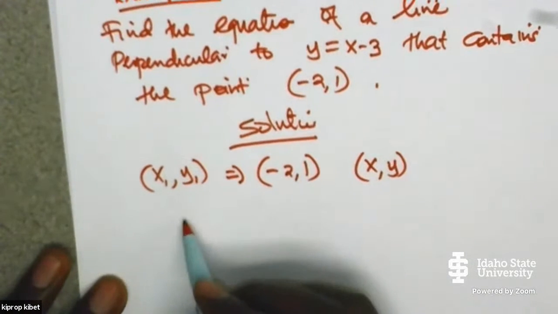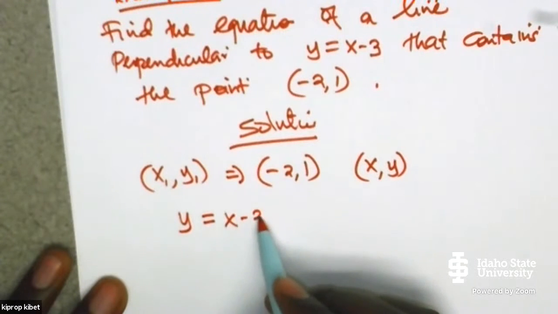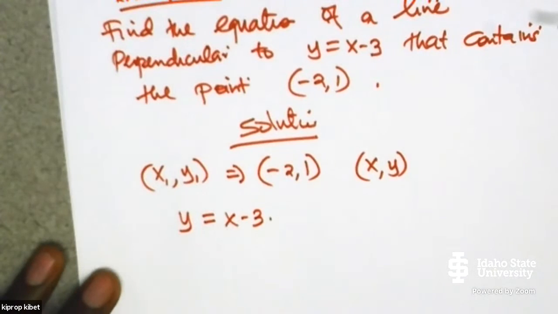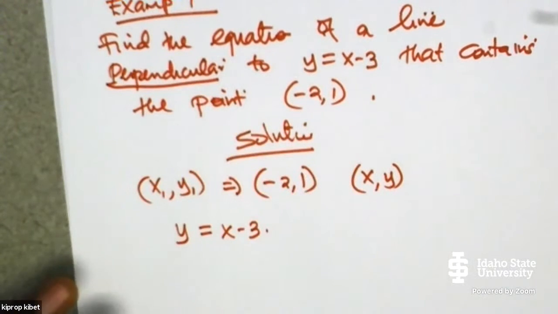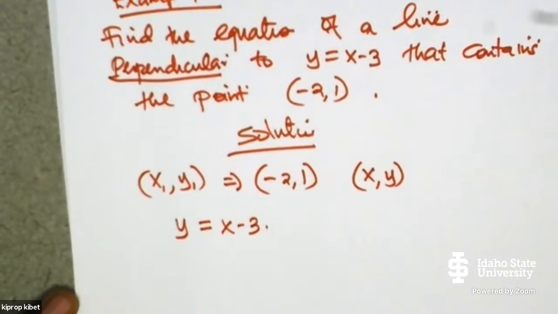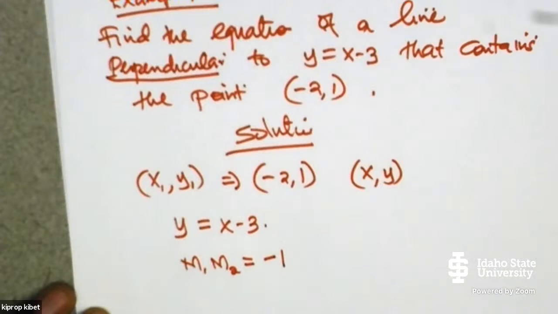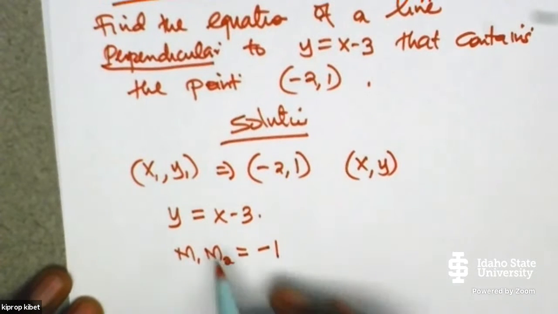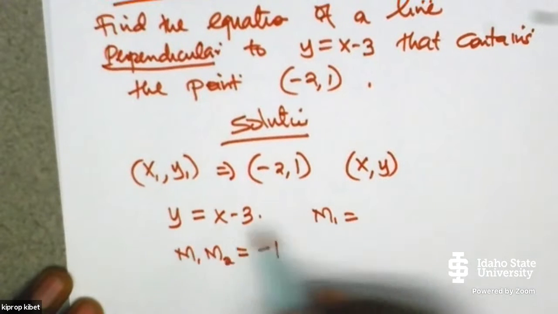Now, we have our first equation, which is y equals x minus 3, and we are told this is perpendicular. So what did we say about perpendicular lines? For perpendicular lines, m1 m2 equals -1.